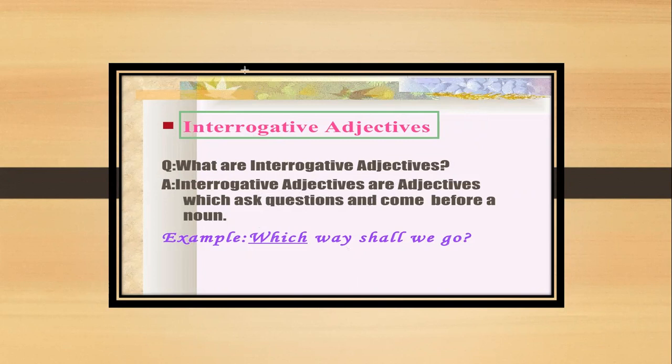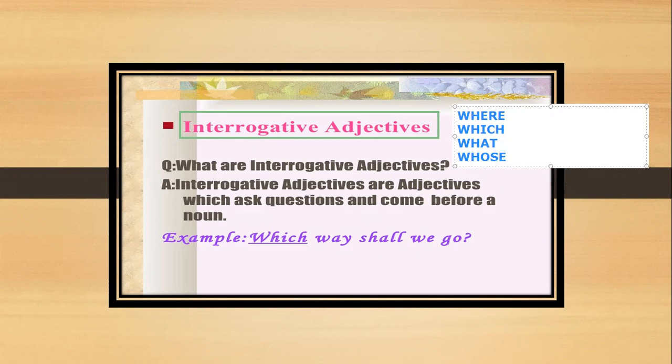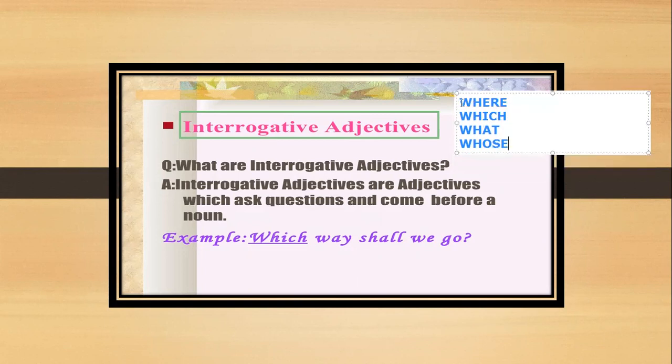In interrogative adjectives, as I told you, we basically ask questions. Here the W family basically comes in, like which is one example. Let me type all of them: where, which, what, whose. These are the four examples of words from the W family.